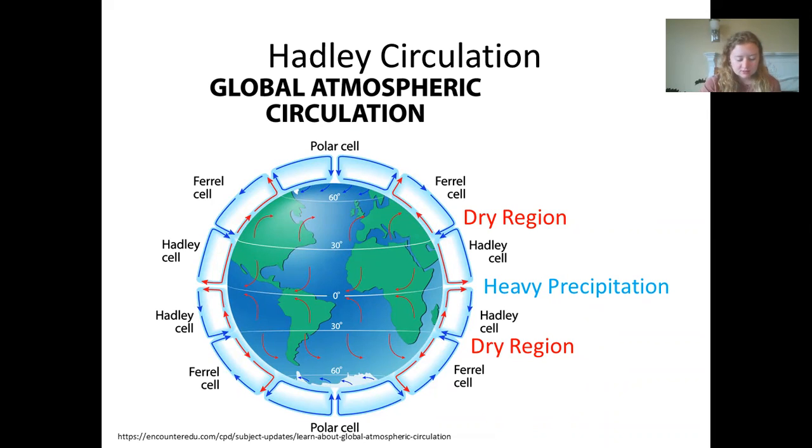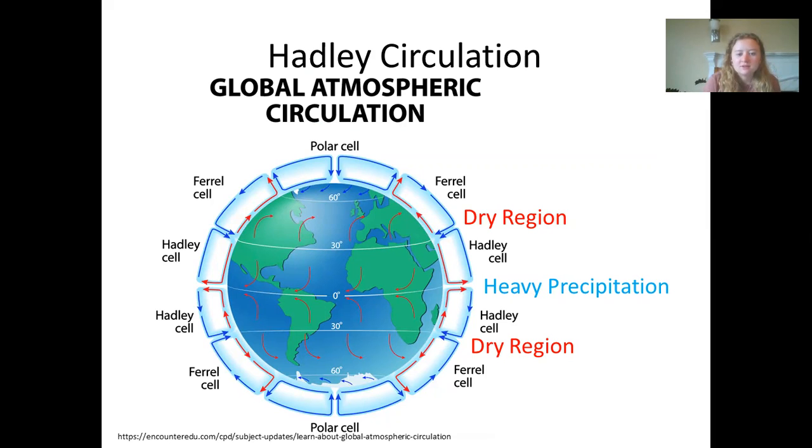The way that Hadley cells work, basically heat comes in at the equator, and the air in that region is heated up. There's a lot of evaporation happening, so water vapor is put into the air. And as that air heats up, it rises. As it rises, it pushes the air on top of it to either side.